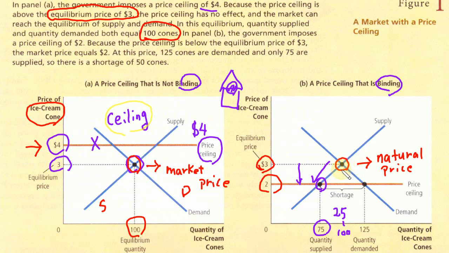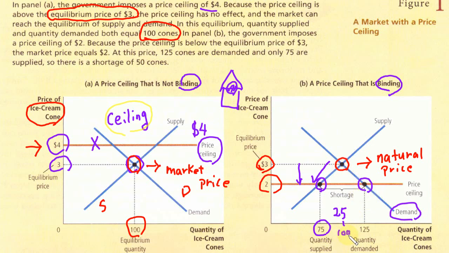As the price goes down, the supply will be reduced and demand will increase, because as the price goes down, the purchasing power of an economic entity, the purchase desire, will increase because the price of the product is down. Okay, so they want more ice cream cones. That is the demand. They want more ice cream cones, then they will follow this down to $2.